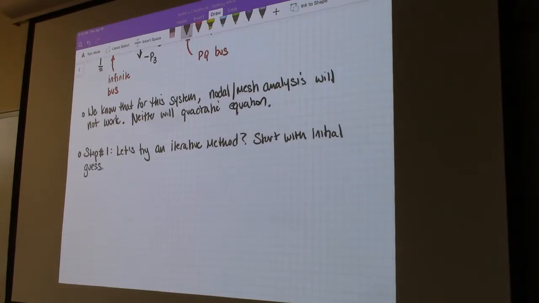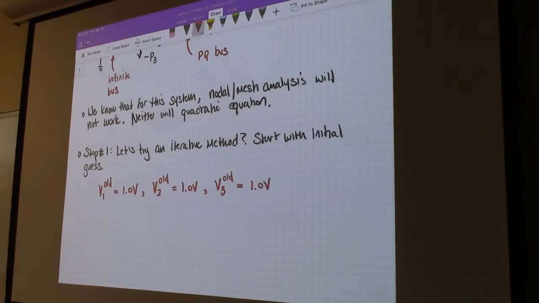And let's start with an initial guess. So I'm going to say we're going to have V1 old, and that's going to be 1.0 volts. We don't really have to make an initial guess for V1 because we know what V1 is, right? I'm going to say V2 old will also be equal to 1.0 volts. And then I'm going to say V3 old is going to be equal also to 1.0 volts.